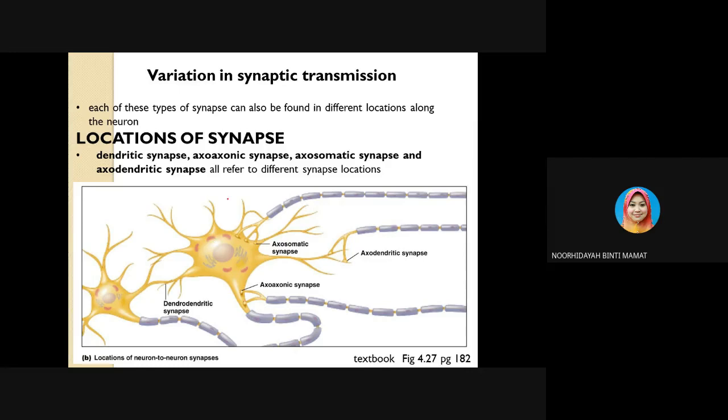We also have the exosomatic synapse, where the synapse is located in the soma, the body of the cell, and the exodendritic synapse, where the transmission of the signal happens in the dendrites. All of these refer to different synapse locations.